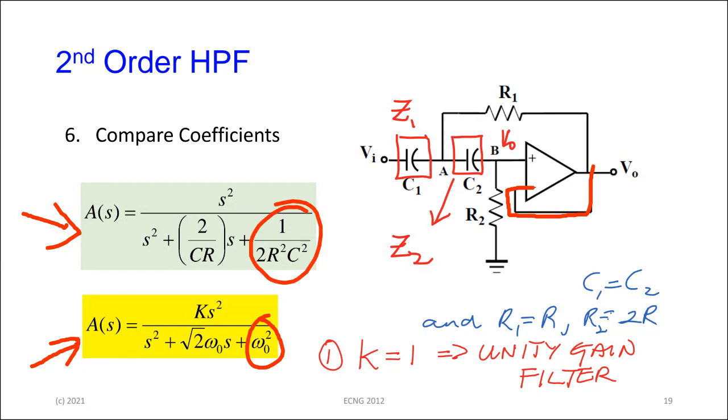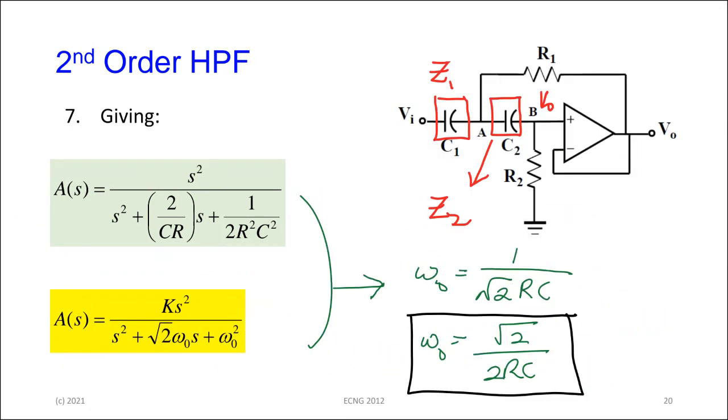So you're going to get the same cutoff frequency as you did for the low pass. The cutoff frequency is the same: root 2 over 2RC, or 1 over root 2 RC, however you want to look at it.